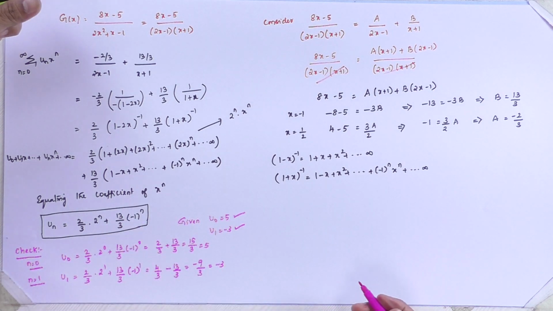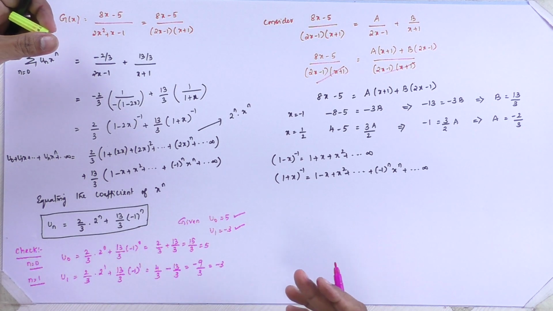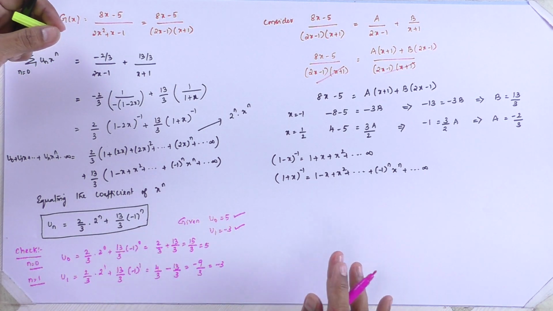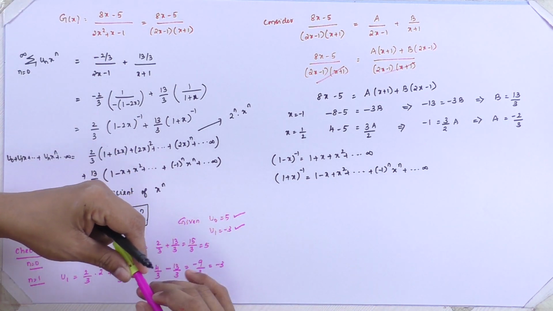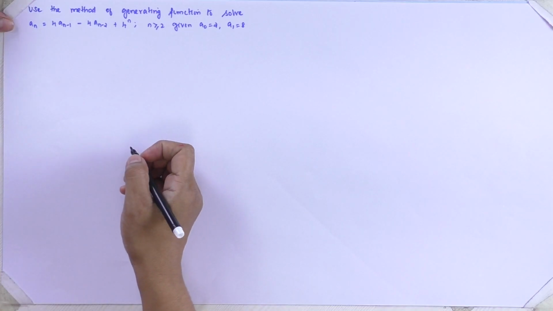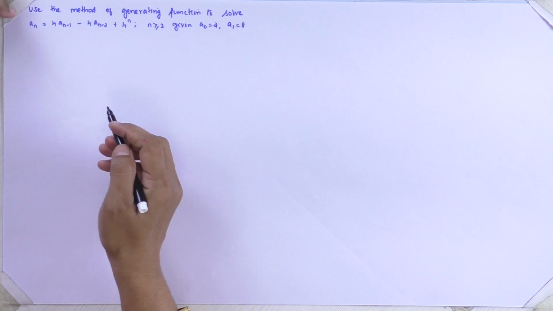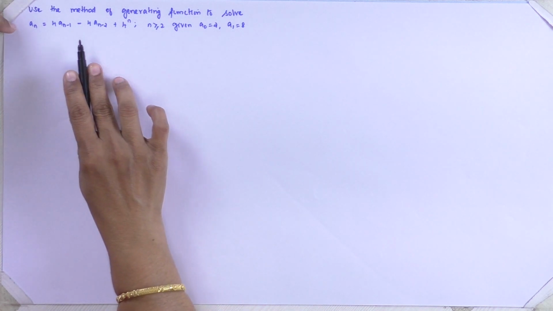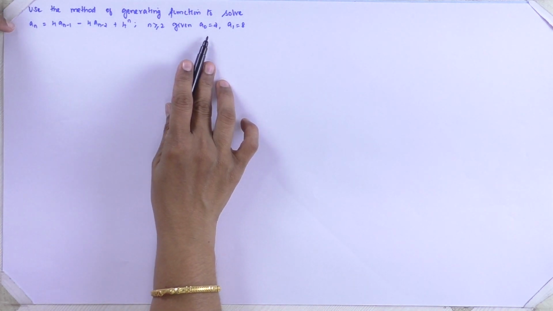So I can confirm that my desired result for un is correct after using the generating function for this recurrence relation.